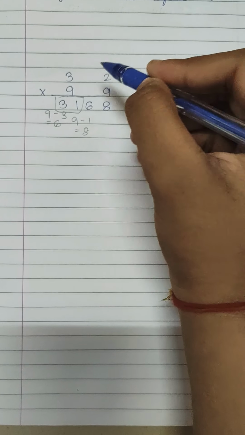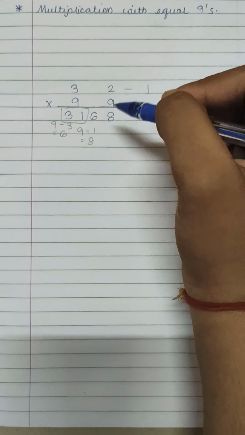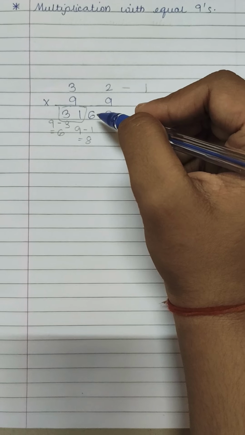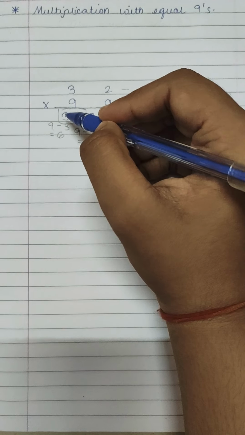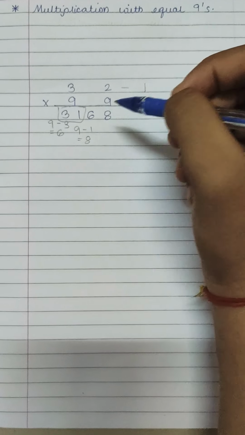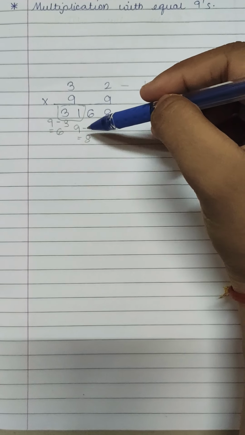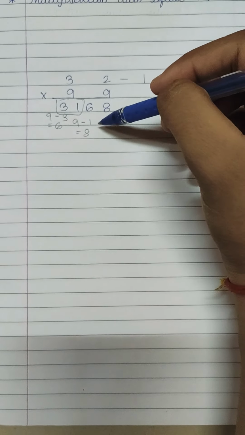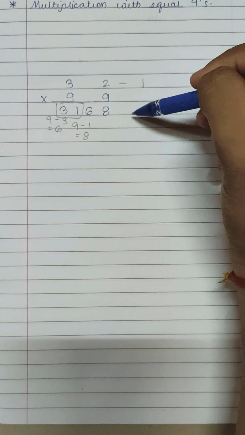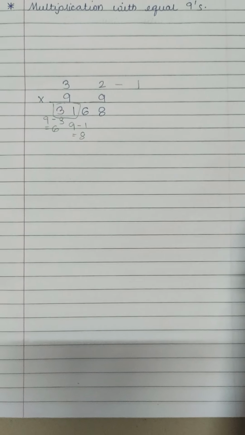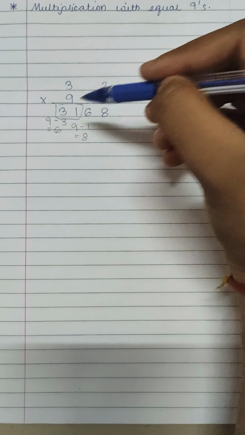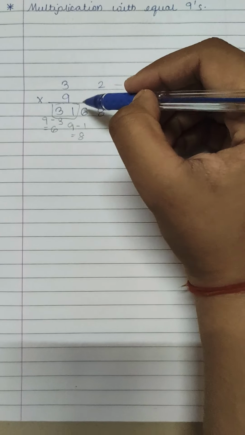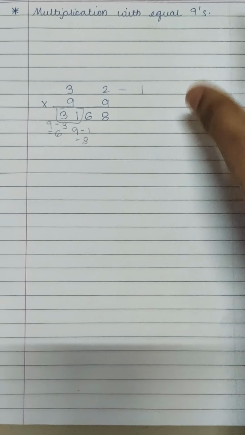But in this answer 32 minus 1, did we get any more digit? No. Only these 2 digits, right? So we have to not keep on subtracting this with 9, then again we'll keep on going and going. You got this answer for this subtraction, so you have to stop here only. So your answer is 3168.